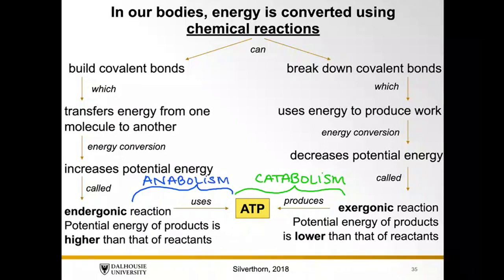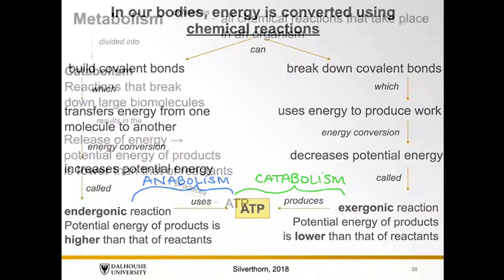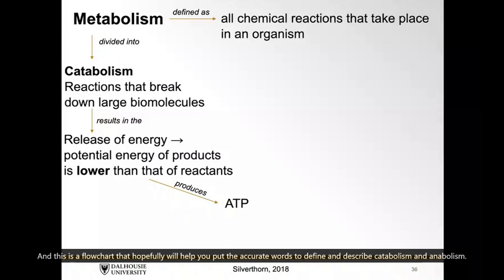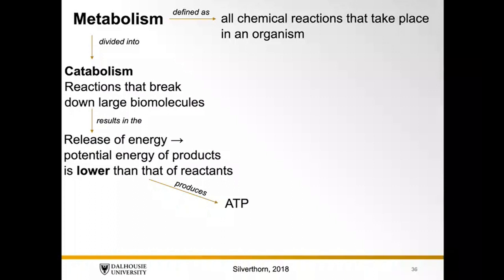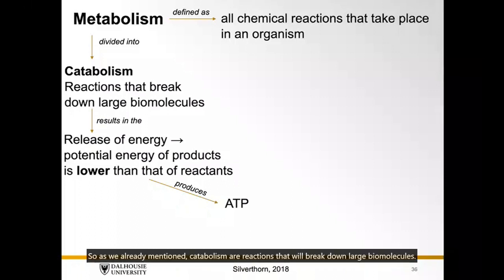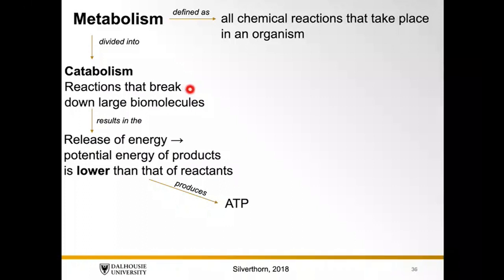So very similar concepts, just adding another piece of vocabulary on top of the concepts. And this is a flow chart that hopefully will help you put the accurate words to define and describe catabolism and anabolism.